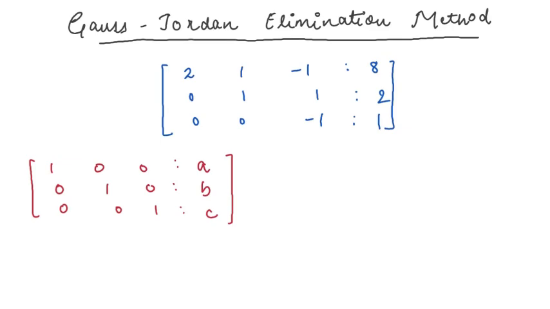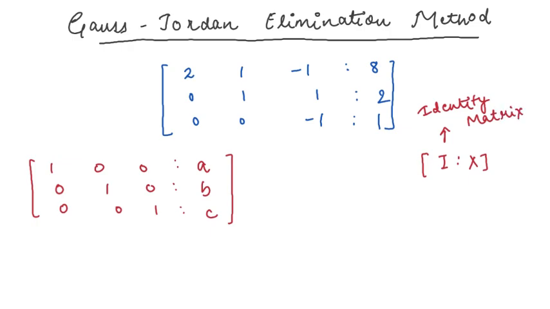First, we construct an augmented matrix, then use elementary row operations until every pivot equals 1, and then eliminate every element above and below each pivot. The final matrix becomes [I | X], where I is the identity matrix and X is the required solution.